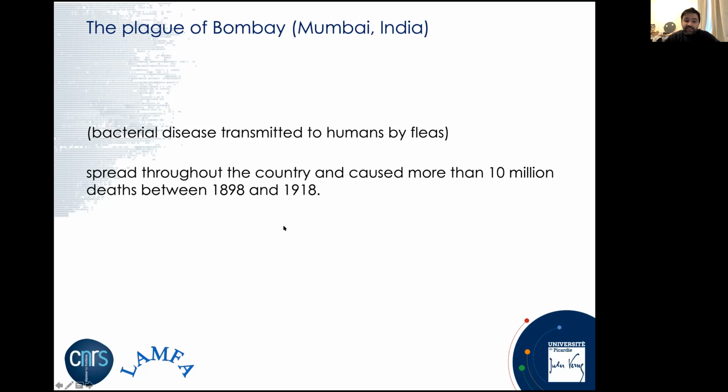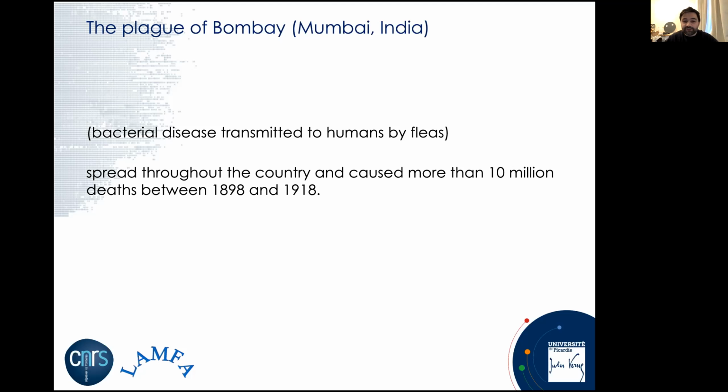At the end of the 19th century and the beginning of the 20th century, it caused a lot of deaths in India, more than 10 million. During that time, India was part of the UK. So many British scientists worked on this disease, and most of them were not mathematicians.